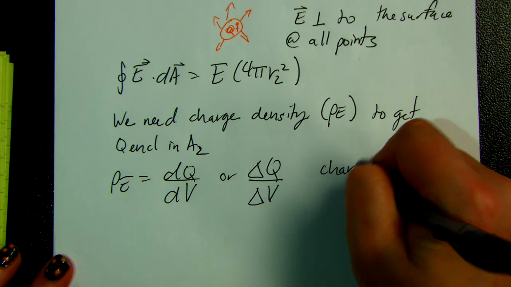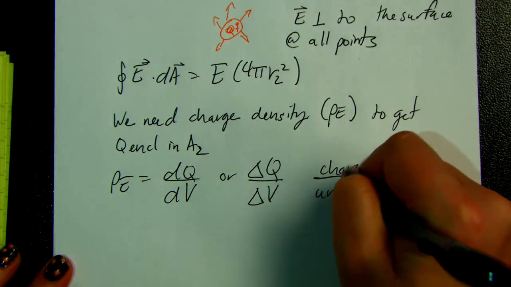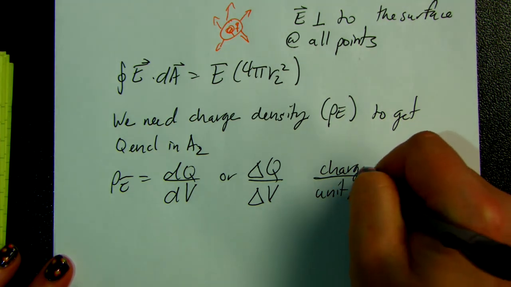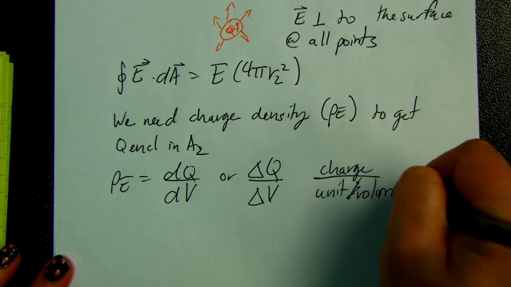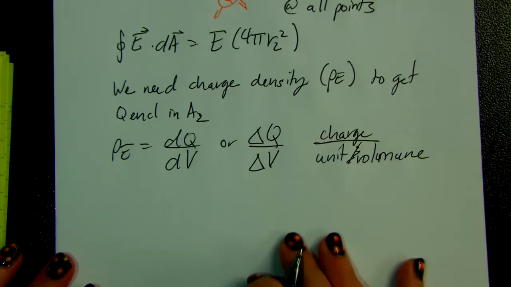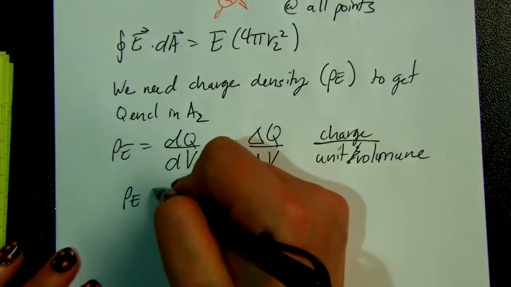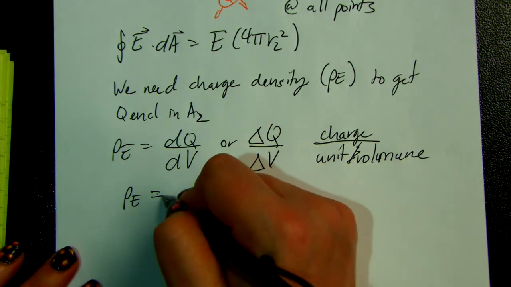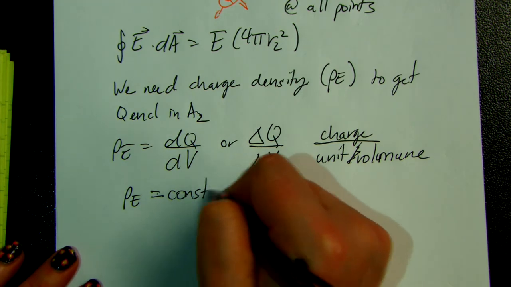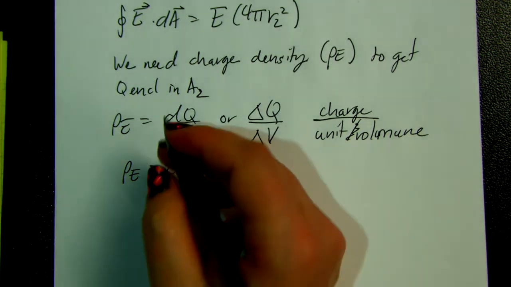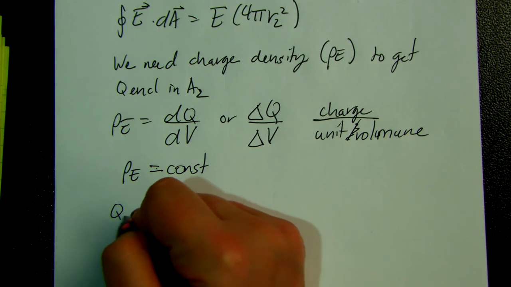Either way, you're still looking at charge per unit volume. And it was given in the problem that it has a uniform charge distribution, therefore the density of charge is constant. So let's go after Q enclosed.